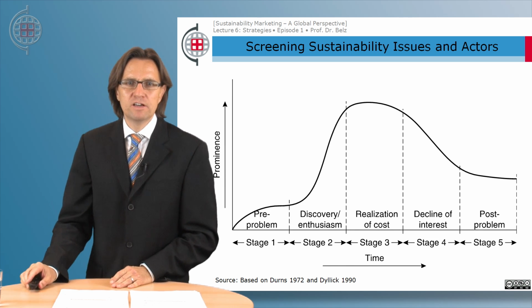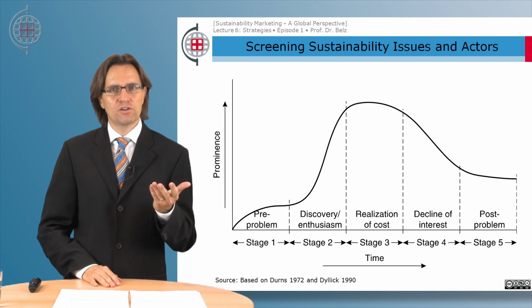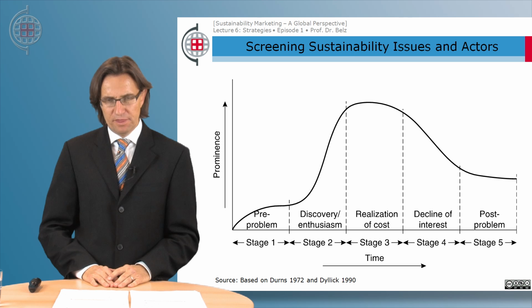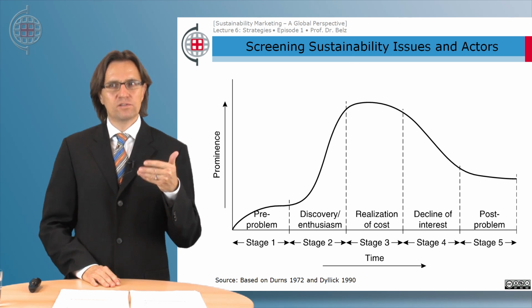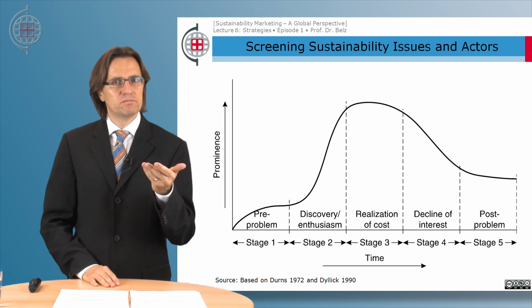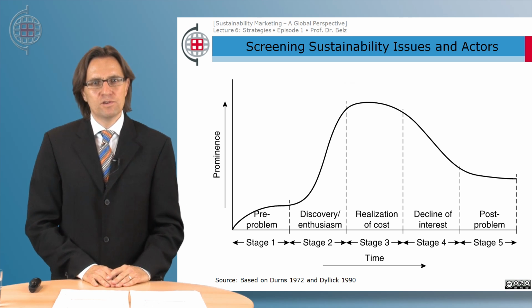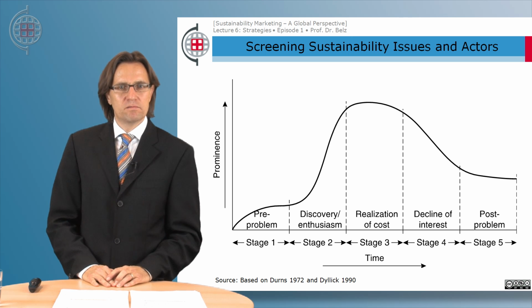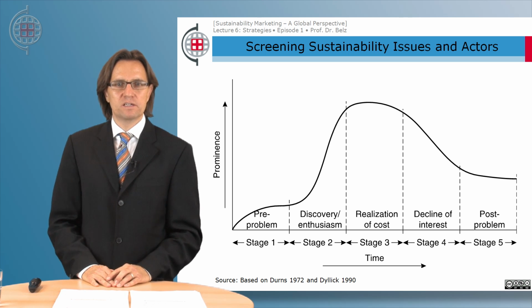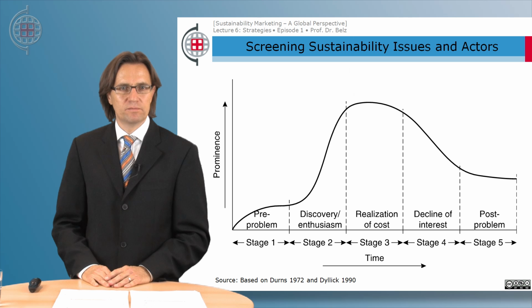In lecture 3, we have already talked about different kinds of social and ecological problems. The question is, how do these social and ecological issues come up? How do they rise? Downs in 1972 and Dilick in 1990 suggest a certain model, the so-called issue attention cycle.